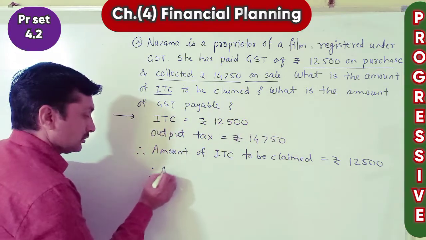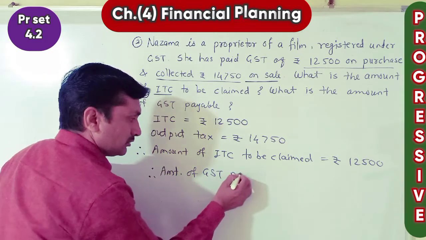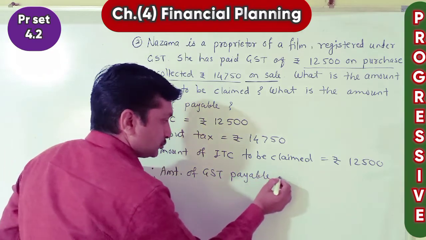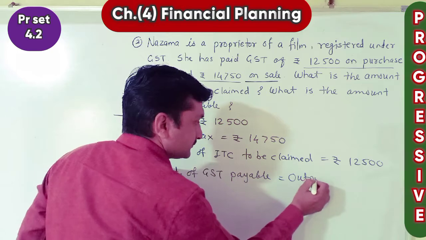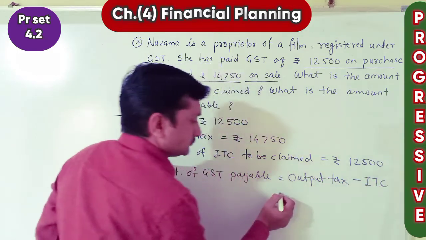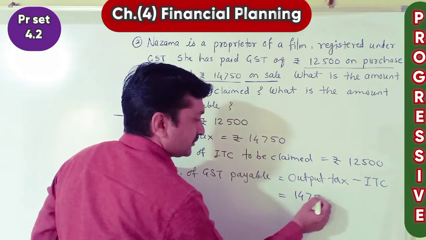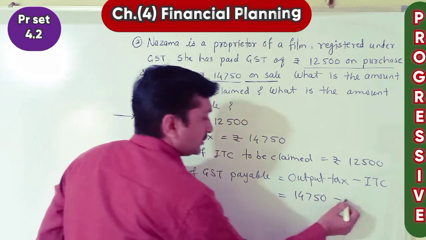What is the amount of GST payable? Therefore amount of GST payable is equal to output tax minus ITC. Output tax is 14,750 minus 12,500.